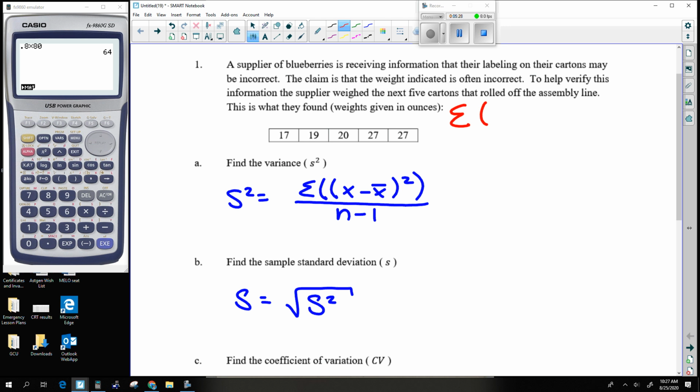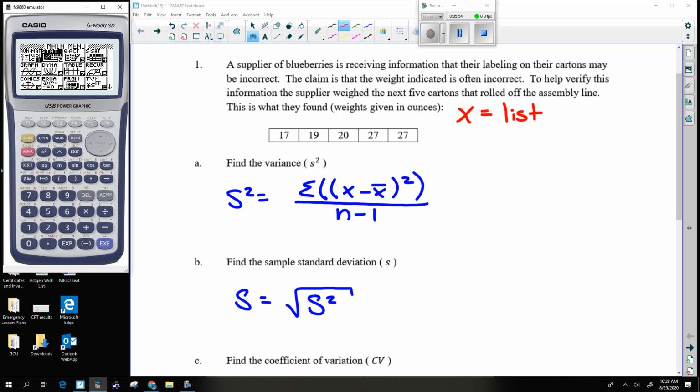This means that we're going to sum something. In calculator speak, it's the sum, where we add things up. X is not a number, X is the list. So X is 17, 19, 20, 27, 27. It is the list itself, and we're going to be putting that into our calculator in the stat screen as list 1 eventually.